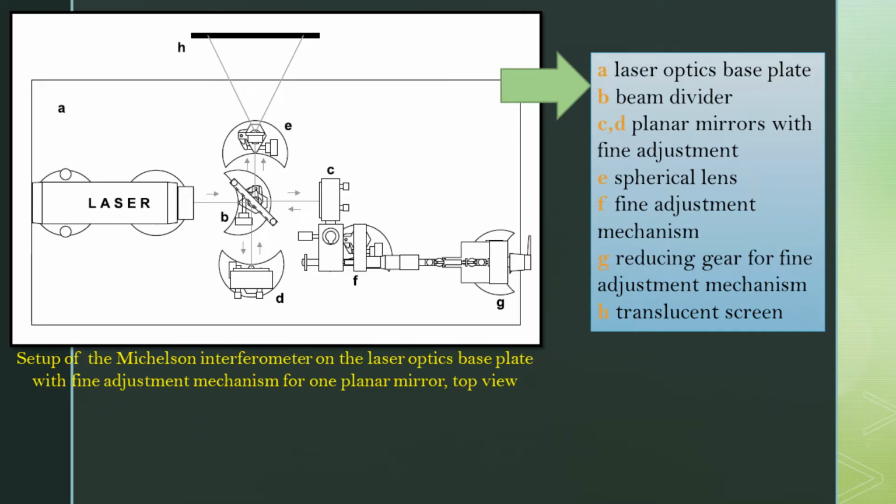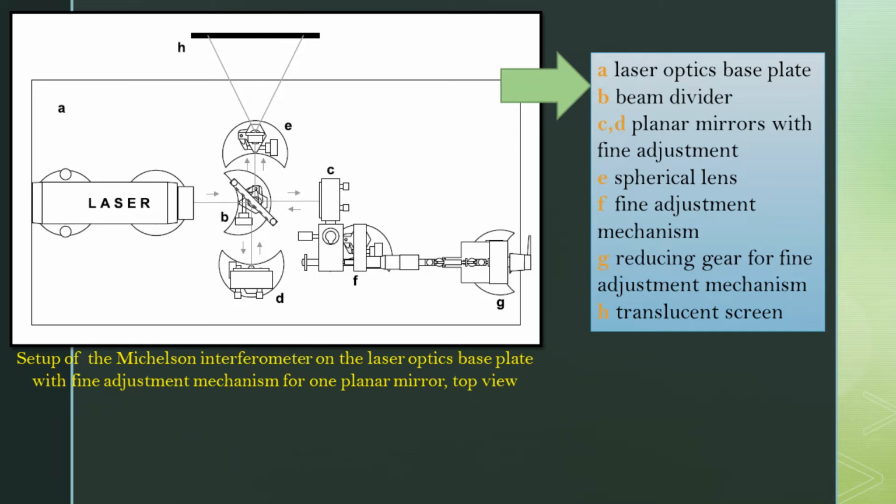F is the fine adjustment mechanism and G is the reducing gear for the fine adjustment mechanism. If we rotate the reducing gear, that is G, the change in the scale of F will be very small.